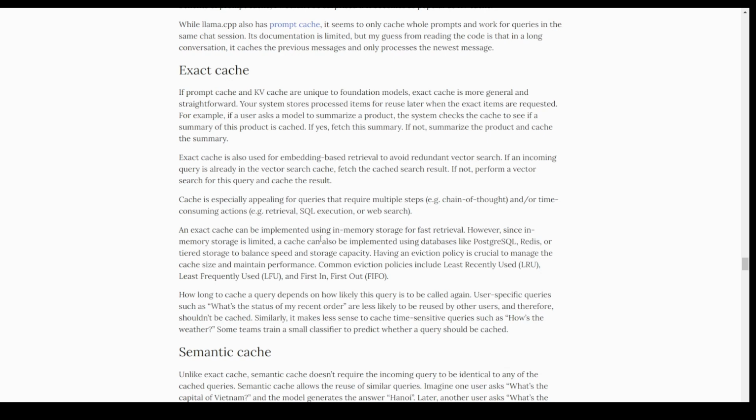In case we cannot find that in our cache, then we run that particular query. And the exact cache could be implemented using in-memory storage for very fast retrieval.